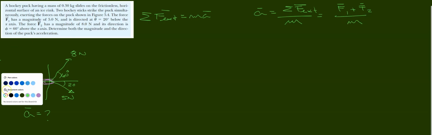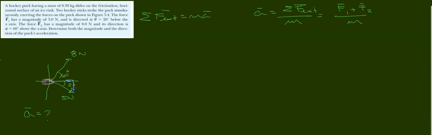But force 1 can be decomposed like this and like this. Force 2, same thing. So force 1, we can say, yes, it's 5 newtons at negative 20 degrees with respect to the x-axis. So that's the same as saying 5 cosine of 20 i minus 5 sine of 20 j.